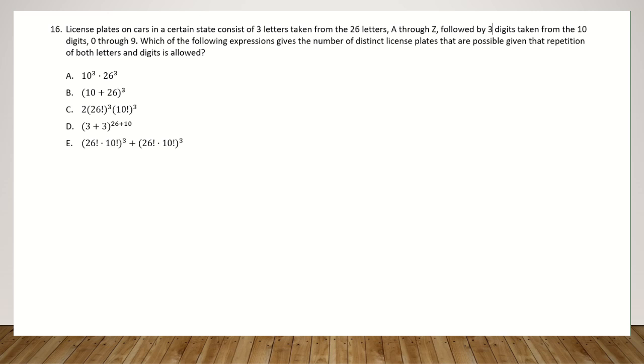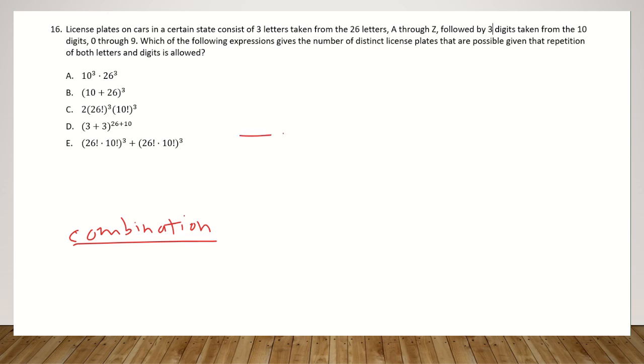All right, so this is what we call a combination, okay? You're trying to figure out how many different combinations of license plates are possible, right? So we have something that is called the fundamental counting principle. Okay, the fundamental counting principle says that when you're calculating a combination, you take the number of ways that each event in the combination can occur and multiply them together.